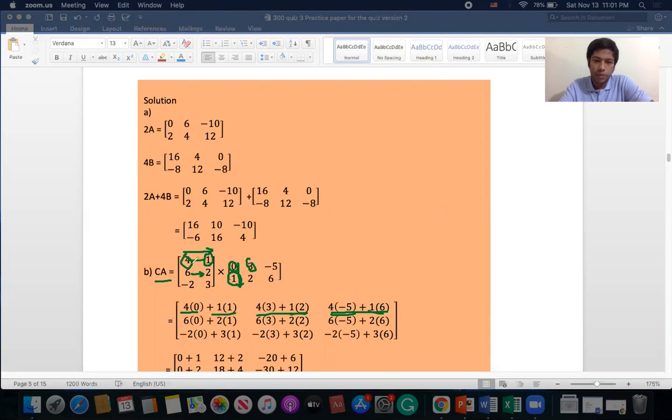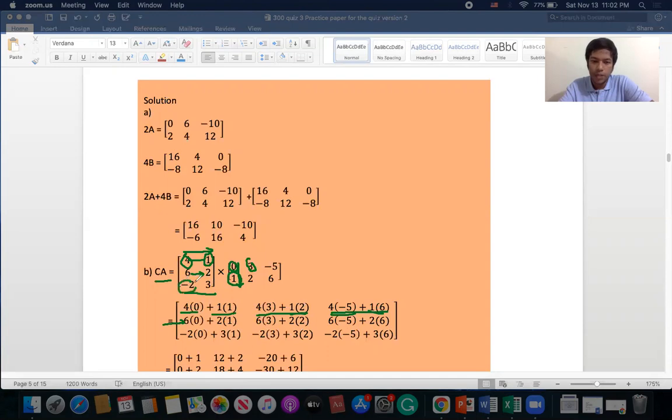For the second row of this multiplication, you will get the second row here. For 6 into 0 first, then 2 into 1, then go here, right here and here. Just like the first line calculation, we will continue it. After the second line, we start working with the third line.